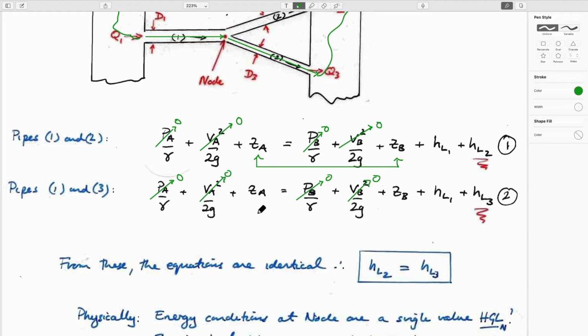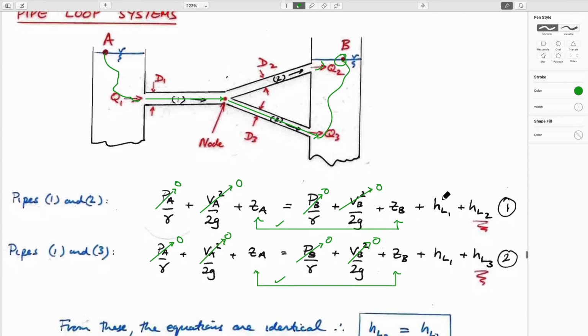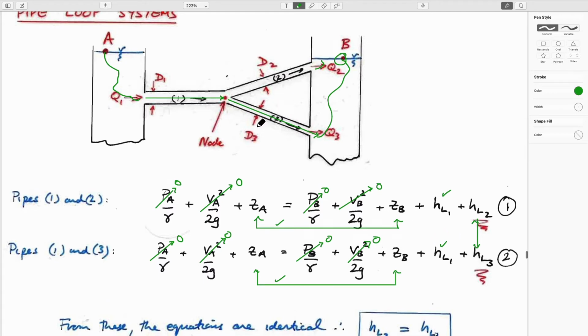We're left with the elevation difference, which is the same in both tanks. So this and this physically have to be the same. Because it's going through this pipe in both cases, clearly this and this have to be the same. And since there are two equations that have to meet up with this delta Z, then clearly these two terms have to be the same as each other as well. So the head loss has to be the same over these last two circuits.